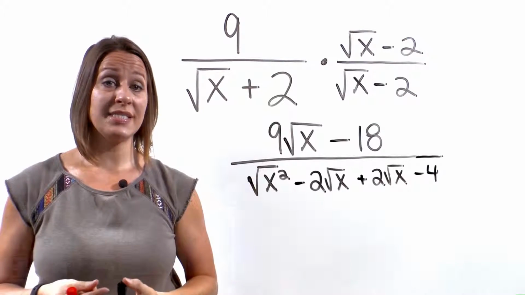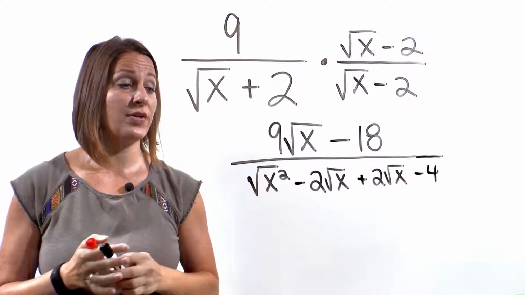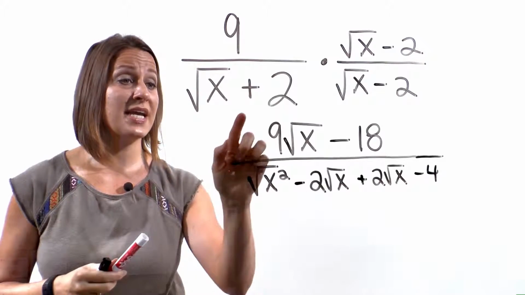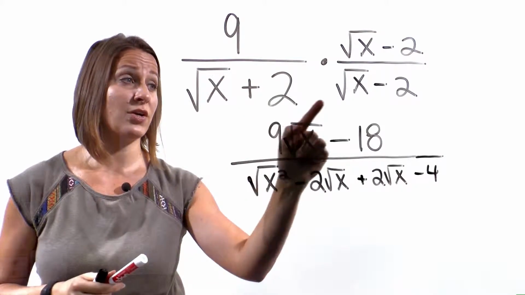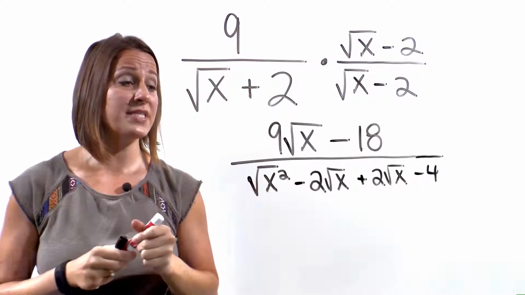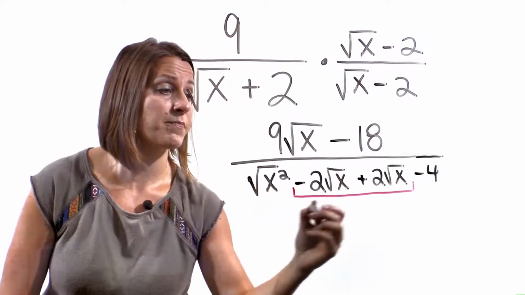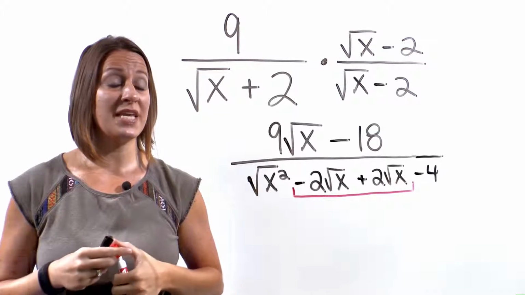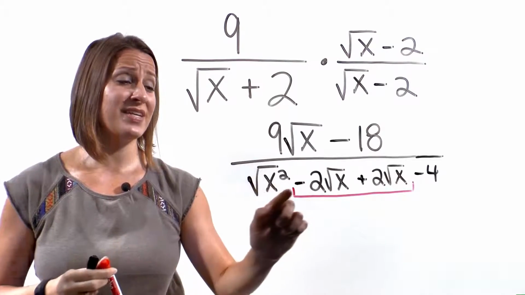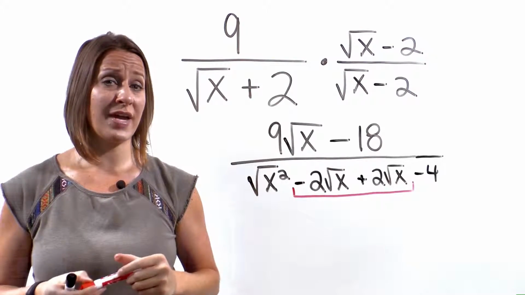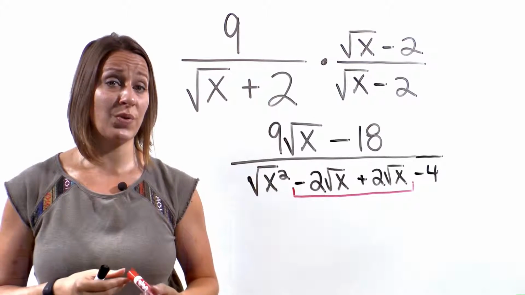Okay, now we need to simplify this problem to get to our final answer. Because the signs of the original denominator and the conjugate were opposites, these middle terms are the same, but they have opposite signs. So we have a negative 2 square roots of x and a positive 2 square roots of x.